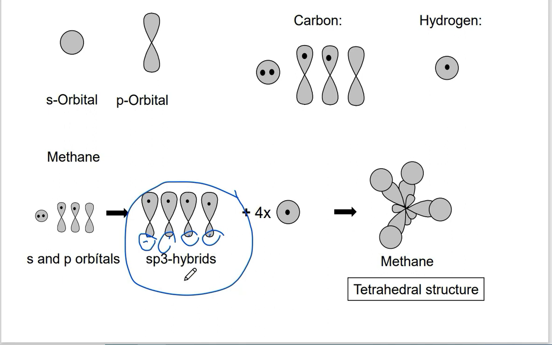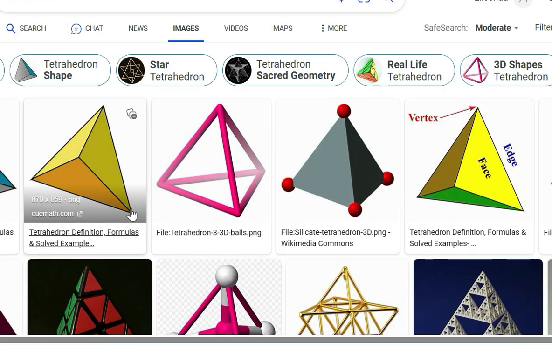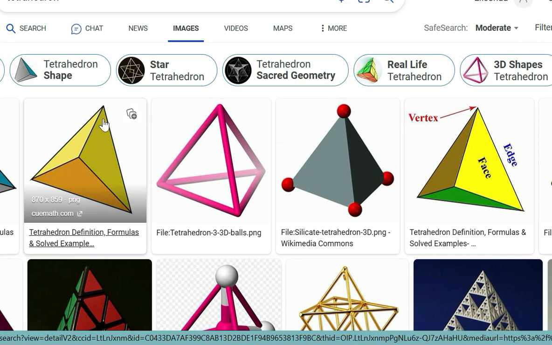And therefore, the carbon will be in the center of the molecule, and the hydrogens will be at equal distance from the carbon. The tetrahedron has this shape. So you see four corners where you can imagine the H resides. So we have one H here, one H there, one H here, and one H there.